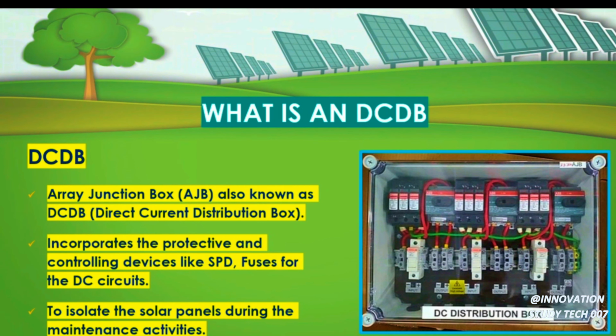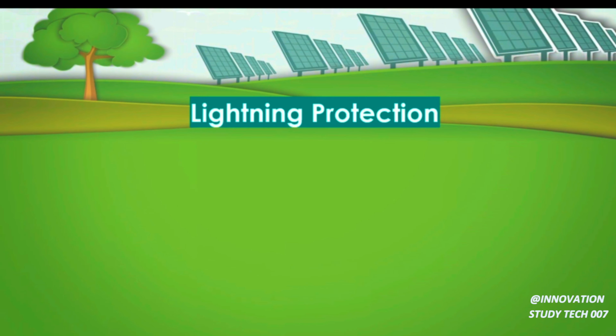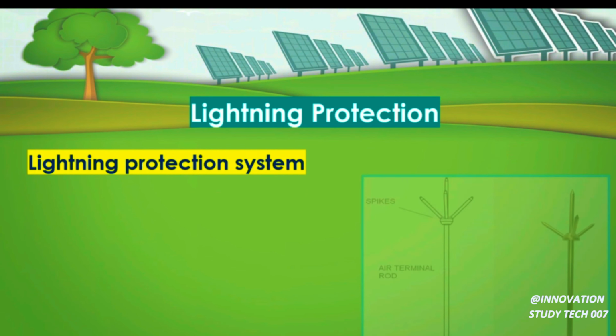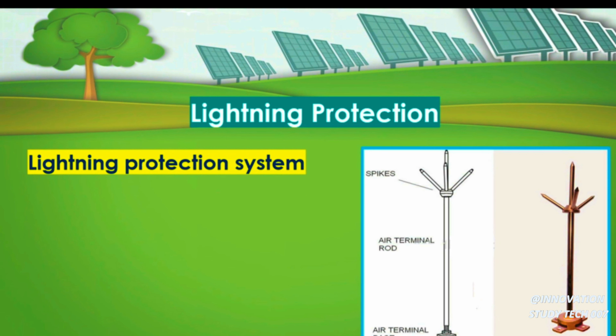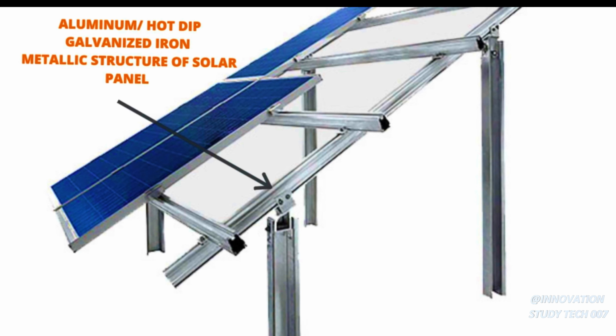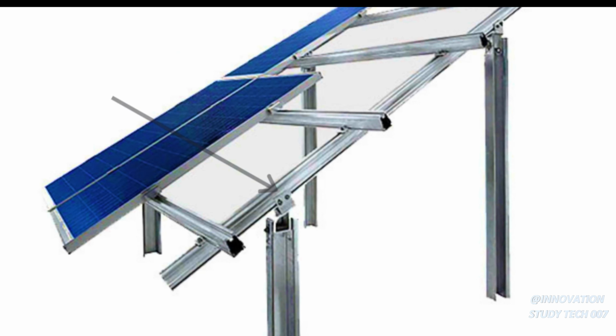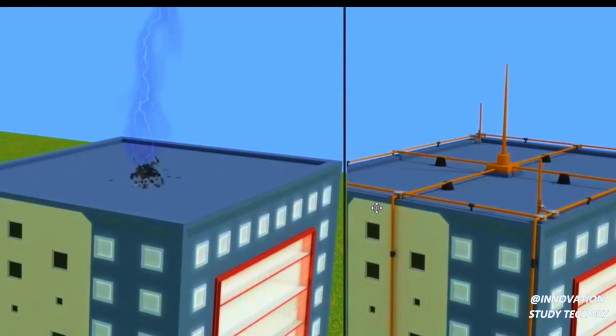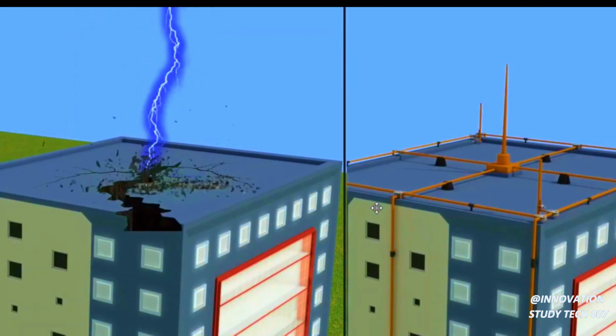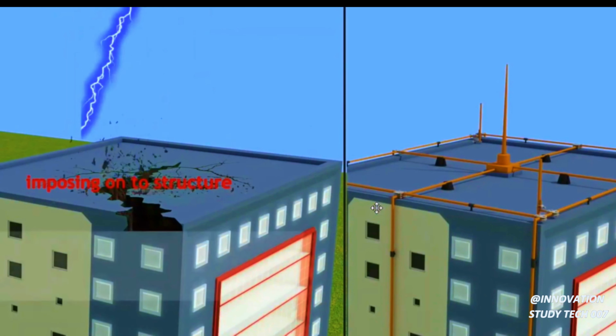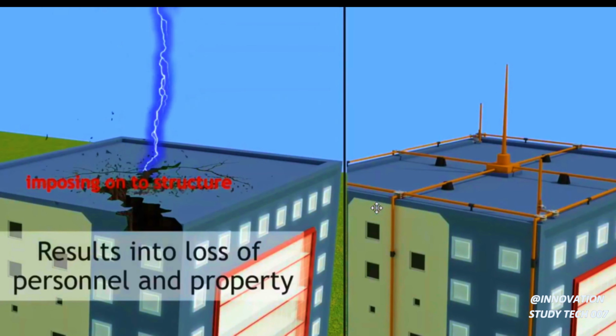Now let us see what protection we have for the lightning strikes. Lightning protection system is also very important for a solar plant, as the structure and framing of the solar panels is completely metallic and has the risk of lightning over them. Therefore, they need to be protected from the lightning strikes.